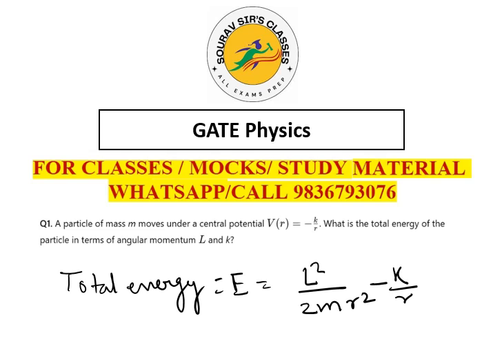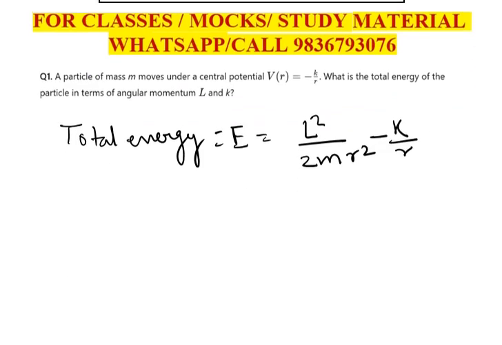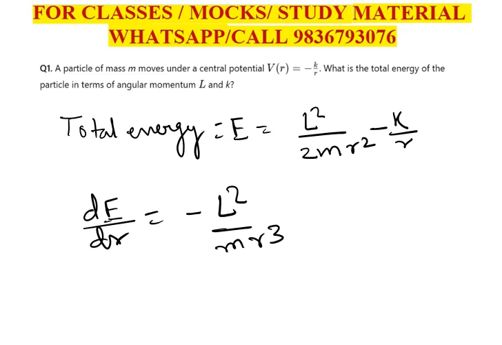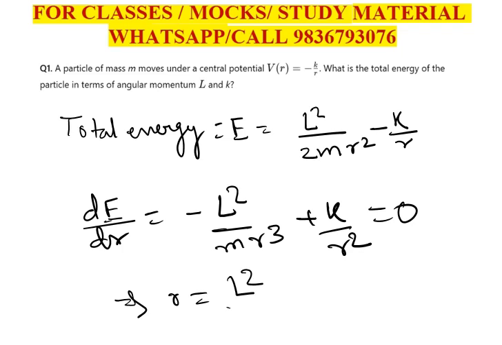So minimizing the energy with respect to r, we get dE by dr equal to minus L square by m r cube plus k by r square equal to 0, which implies that r is equal to L square by mk, right?